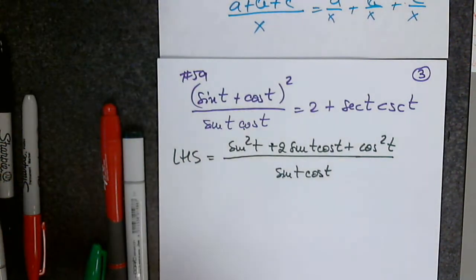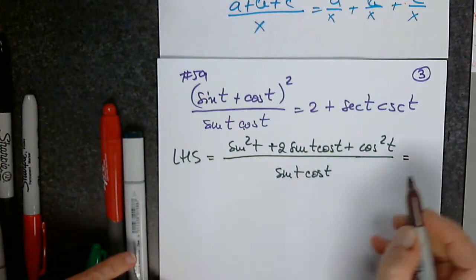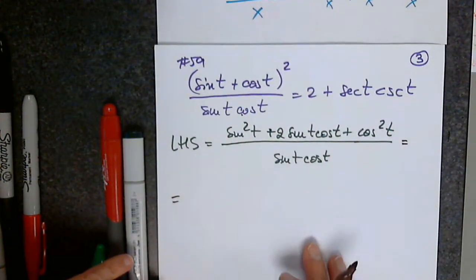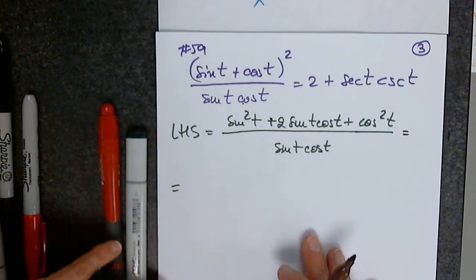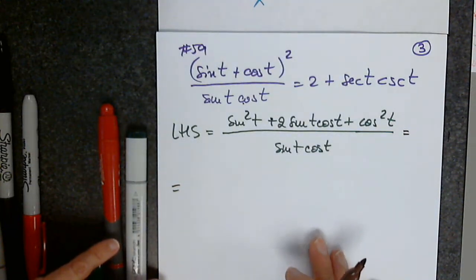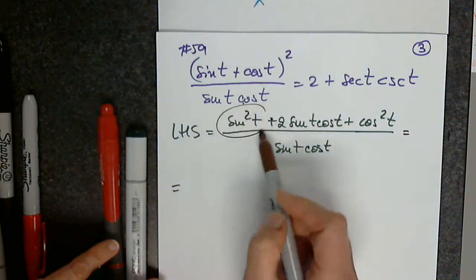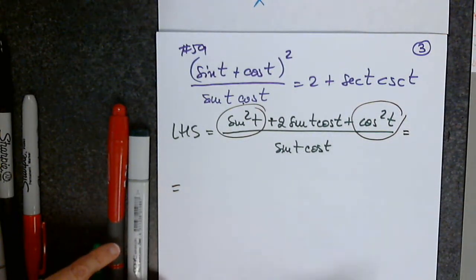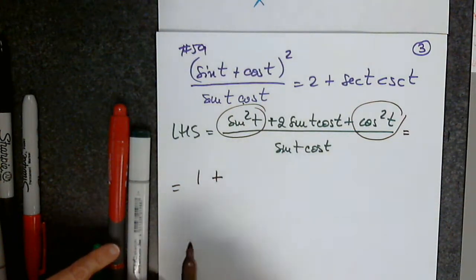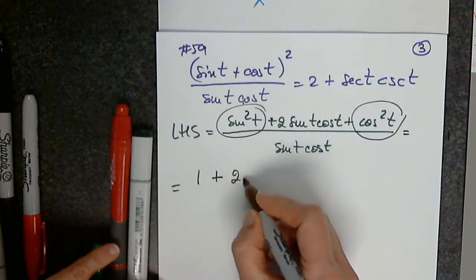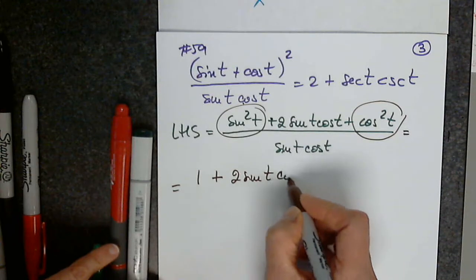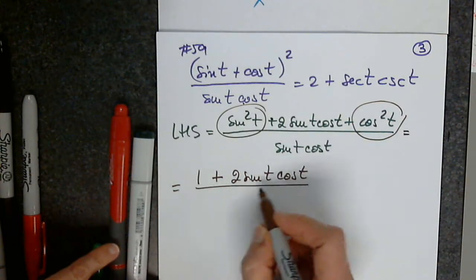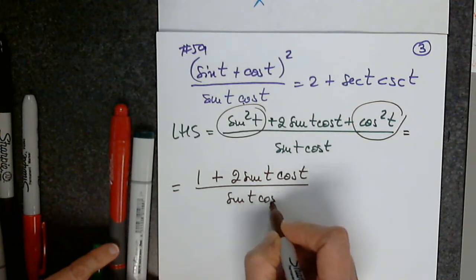So now look at the top and say, oh, I see this is what? You can do the same thing. Split them up. I'm looking at this, and I want you to see it right away. That's 1 plus 2 sine t cosine t over sine t cosine t.